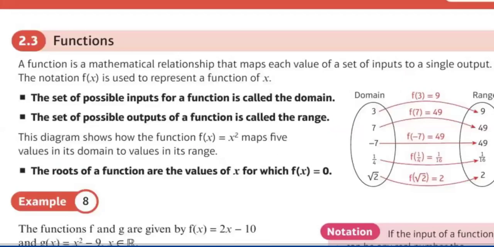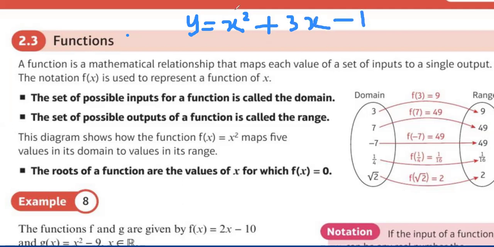Also, we have to know about domain and range. What is the meaning of domain of any function? We can write a function like this: y equals x square plus 3x minus 1.